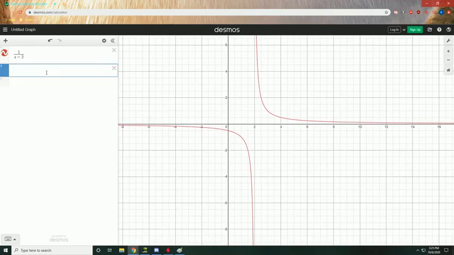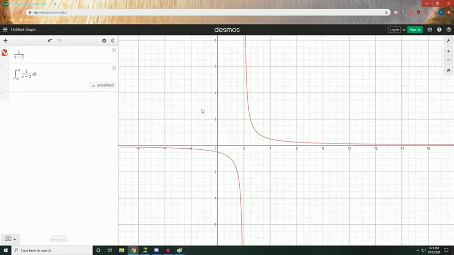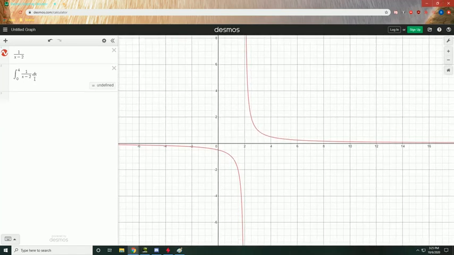A way we can check our work for this is if we take the interval of, let's say, 0 to 4 of 1 over x minus 2 dx. Now this isn't going to show us anything in here, I just wanted to write it down so you can see what we're looking for.